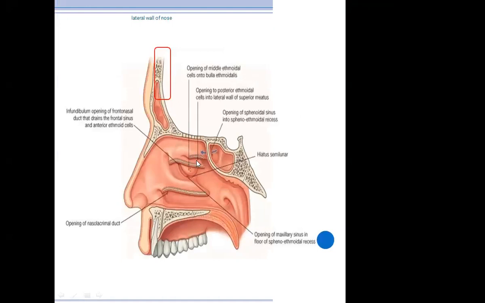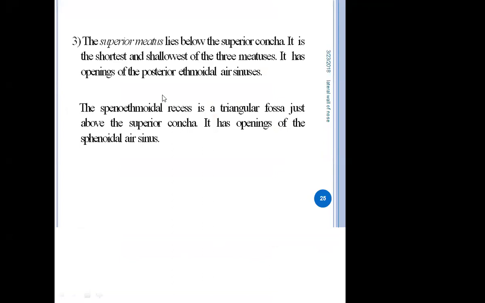The superior meatus lies below the superior concha. It is the shortest and shallowest of all the three meatus. It has only one opening, that is the posterior ethmoidal air sinuses.